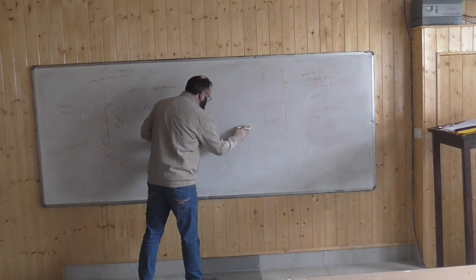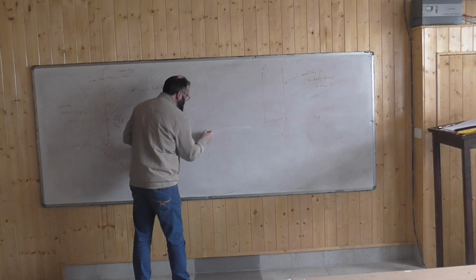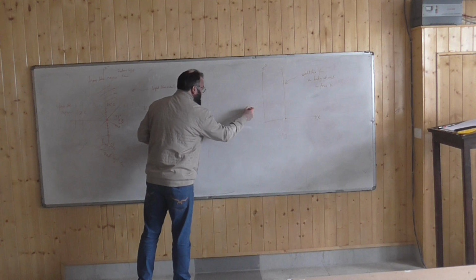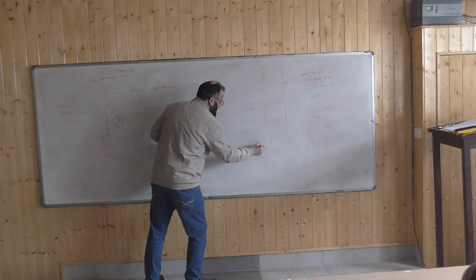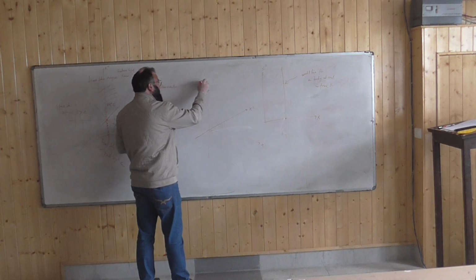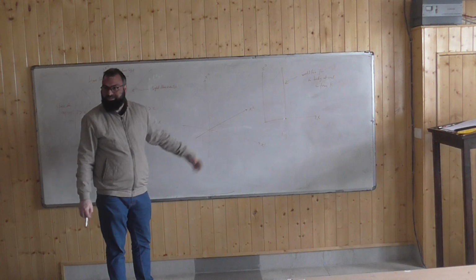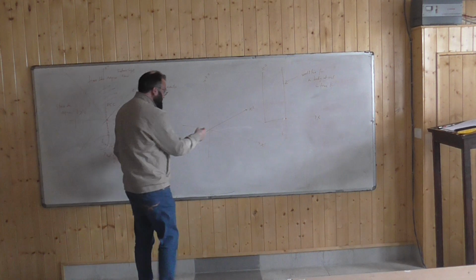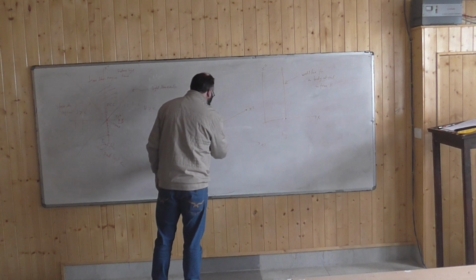So let me draw this way. Let's draw the two-dimensional plane. Let's call this x2 and this x1, and this is x0. So I am drawing three dimensions. Let's say it does not start from the origin, it starts from an arbitrary point.